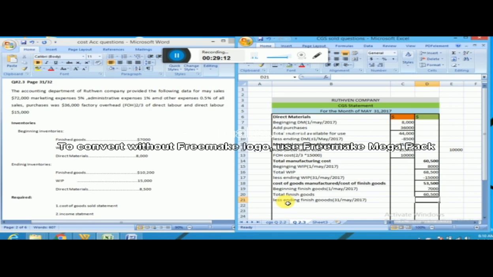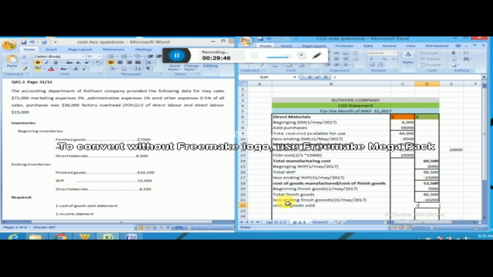The 10,200. 10,200 finished goods that are unsold, that are not sold out. So when they are not sold out, what we will do? We will subtract it, and when we subtract, we get the cost of goods sold.